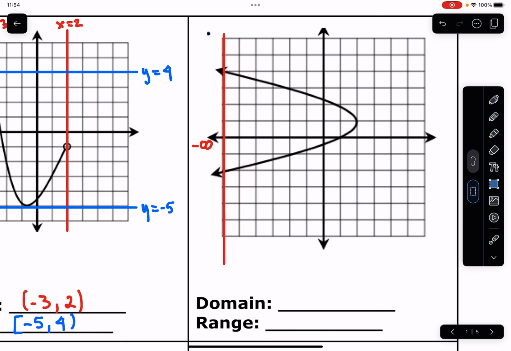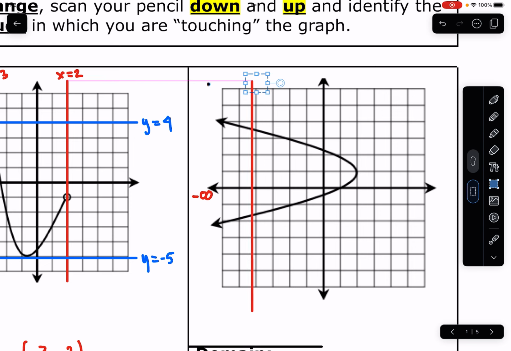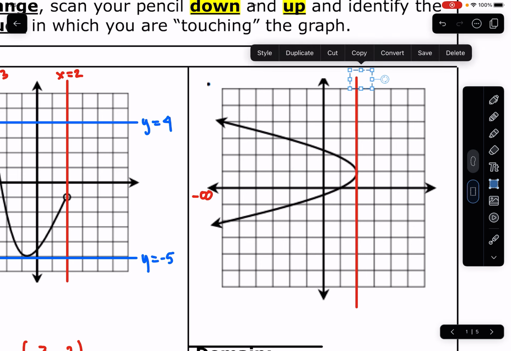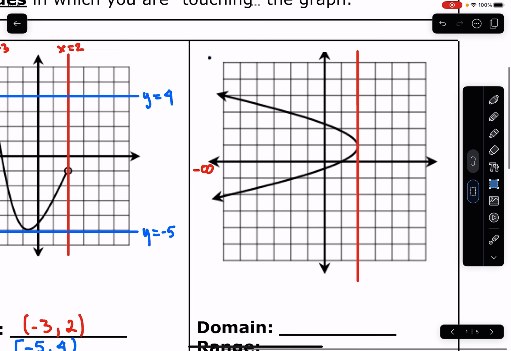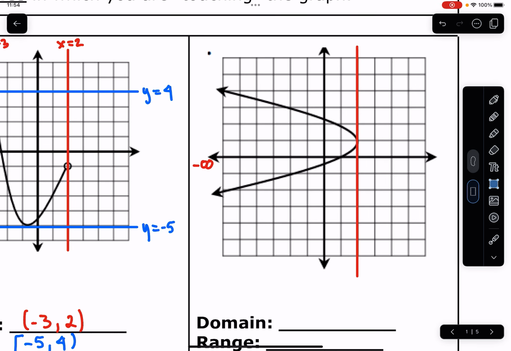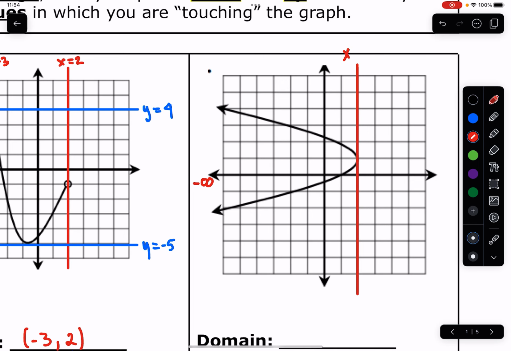Well, from left to right, we continue touching the graph, continue touching the graph, into this point here. So the left end has no boundary, but the right end does. The right end stops here, where that vertical line is located at the x coordinate of positive 2.